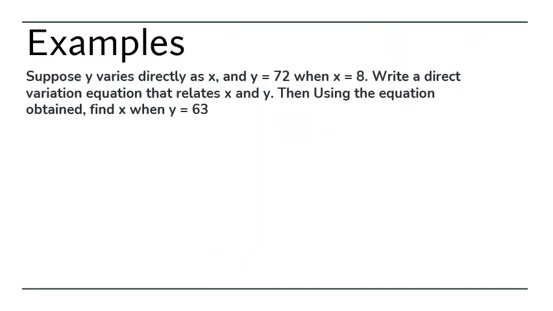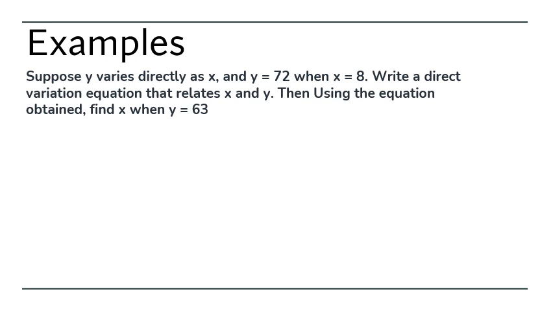Now we have this example where they're saying y varies directly as x, and y is equal to 72 when x is equal to 8. They're saying write a direct variation equation that relates x and y. The first thing is for us to find the equation of direct variation.